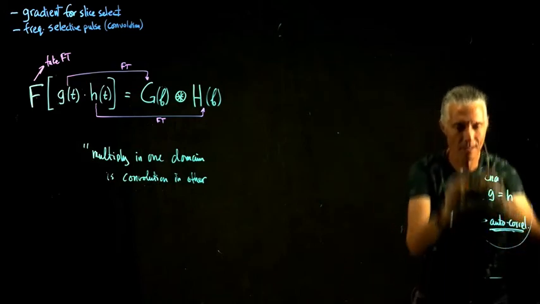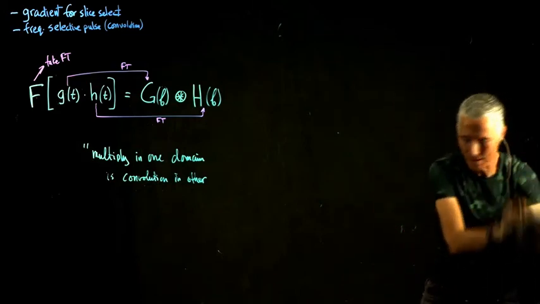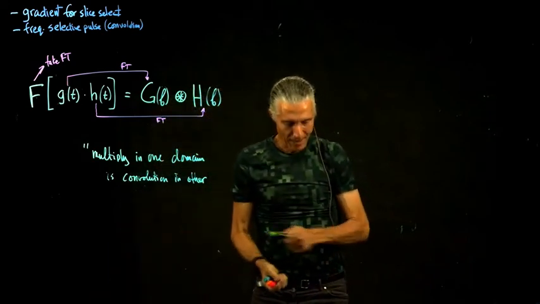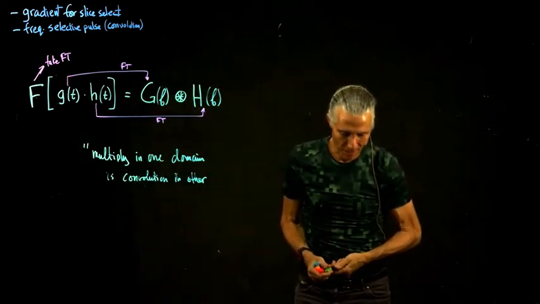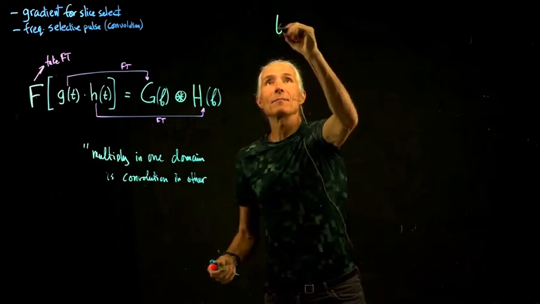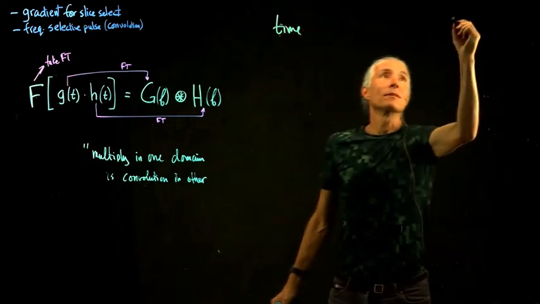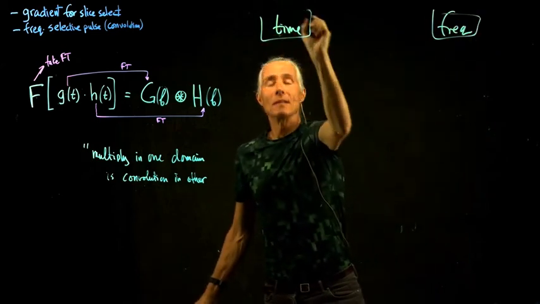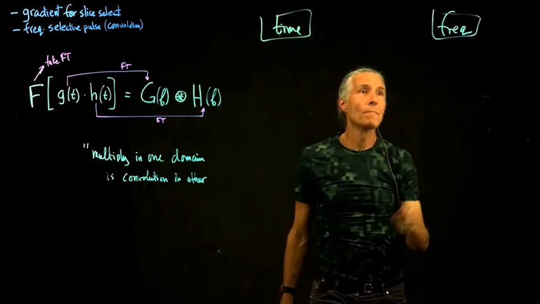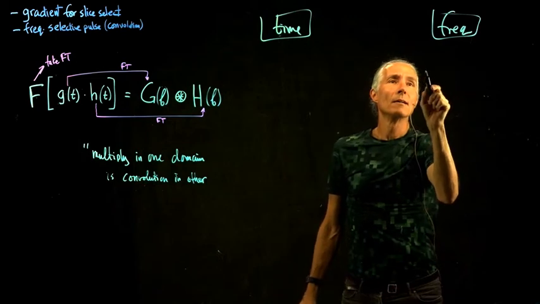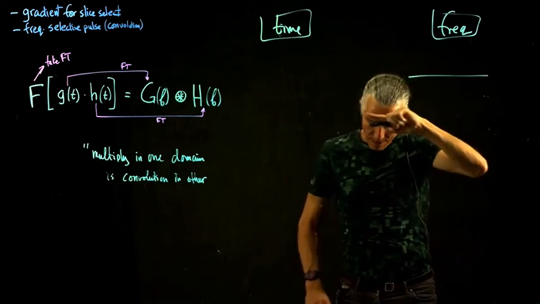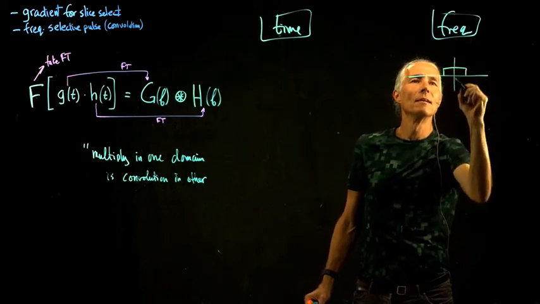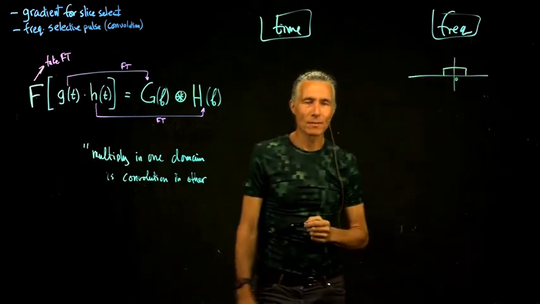I've straightened up the notes this year, so I've got time on the left and frequency on the right. Our starting point is we want a band of frequencies. So let's just start with a band of frequencies around 0.